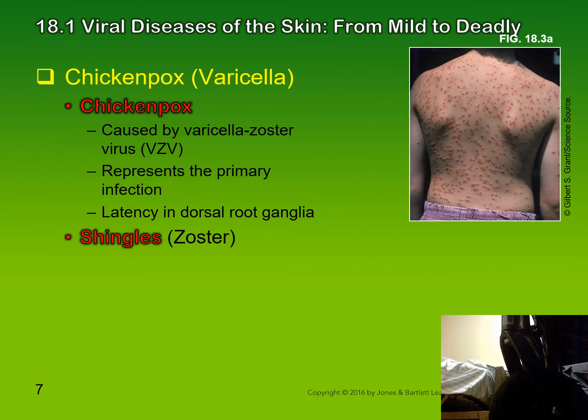When we're saying latency, what that means is that they're infected, but there is no outward appearance of the disease. So you can have the disease present in the nerve roots, but it won't be active. You won't be actively making the pox.